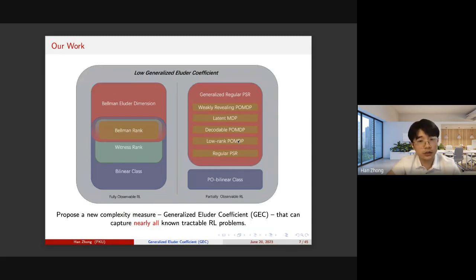In our work, we first propose a new capacity measure, the generalized eluder coefficient, GEC, that can capture nearly all known tractable RL problems. As this figure suggests, all these problems permit a low generalized eluder coefficient.